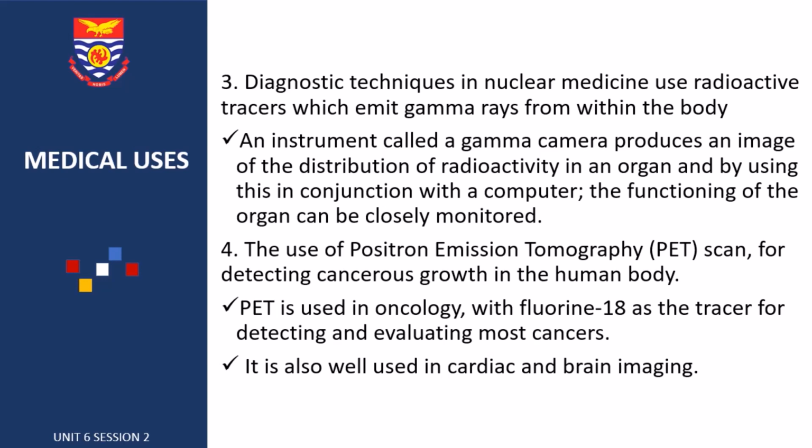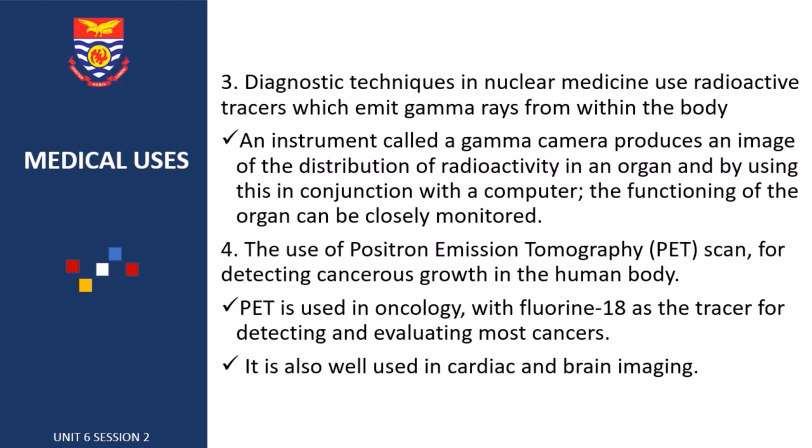Another protocol is the use of the positron emission tomography (PET) scan, and this is used to detect cancerous growth in the human body. So mostly this PET is used in oncology with fluorine-18 as a tracer to detect and evaluate most tumors.